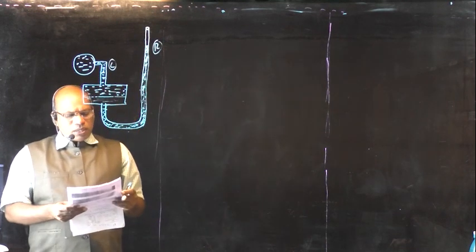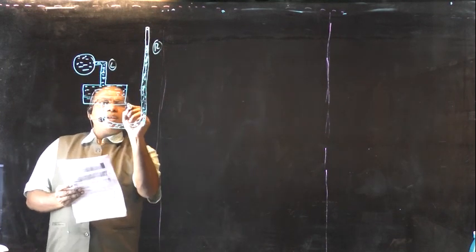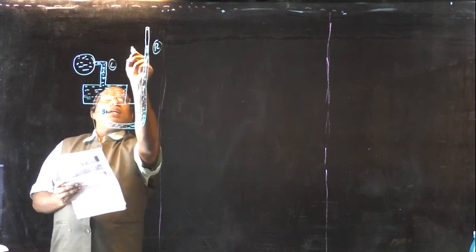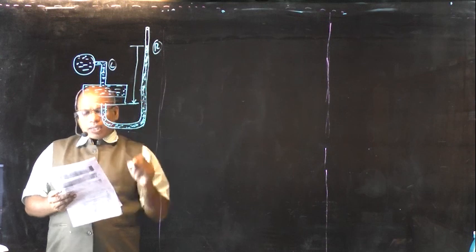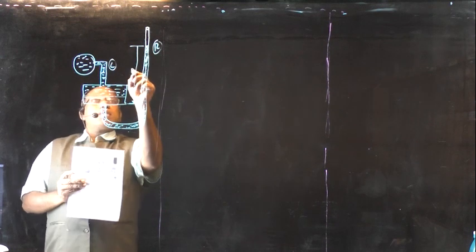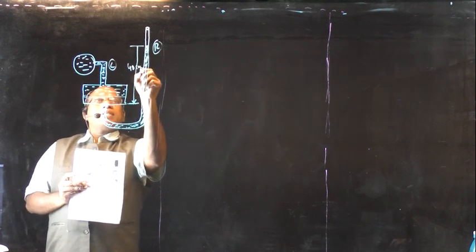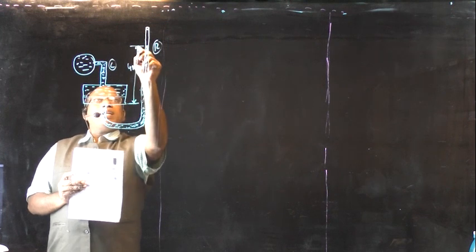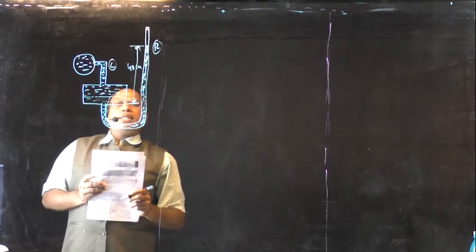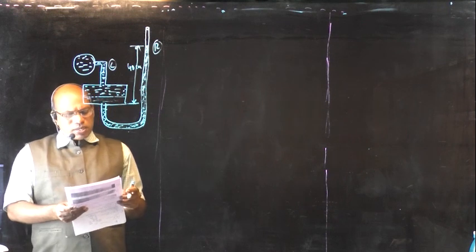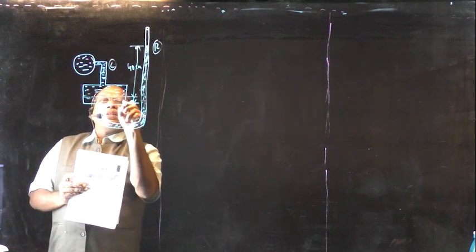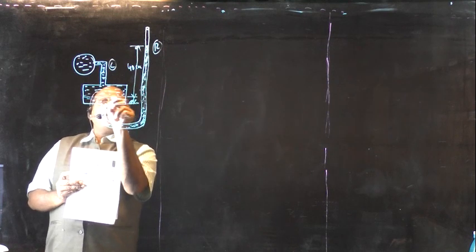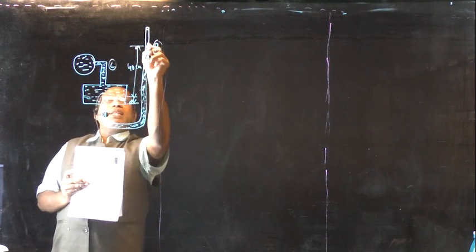Now, the level difference is given as 40 centimeters. This is the mercury level in the left limb, and this is the mercury level in the right limb.